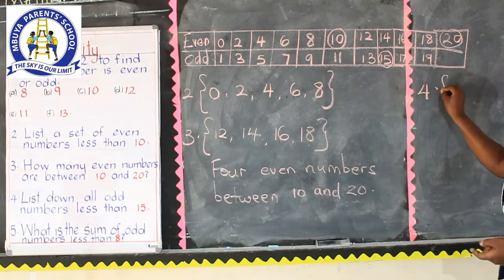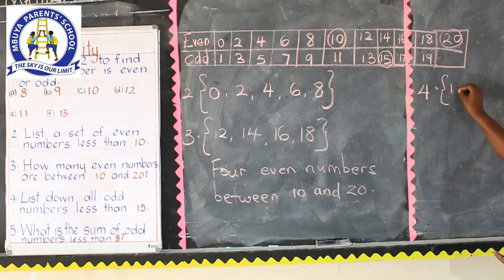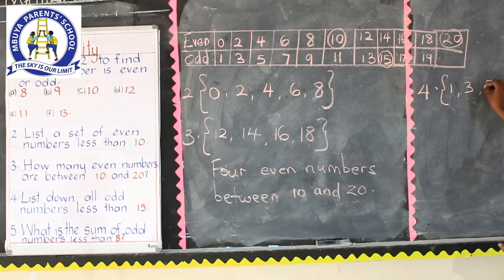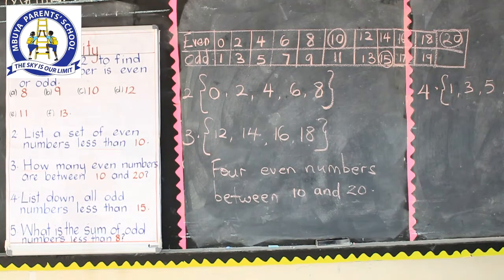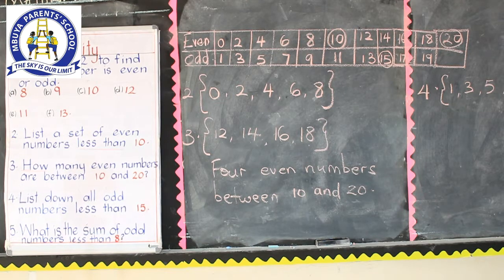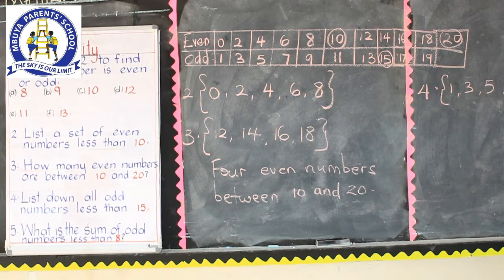So in brackets, we have 1, 3, 5, 7, 9, 11, and 13. Because 15 was mentioned there is no need of us saying it. And from there, you put your curly brackets.